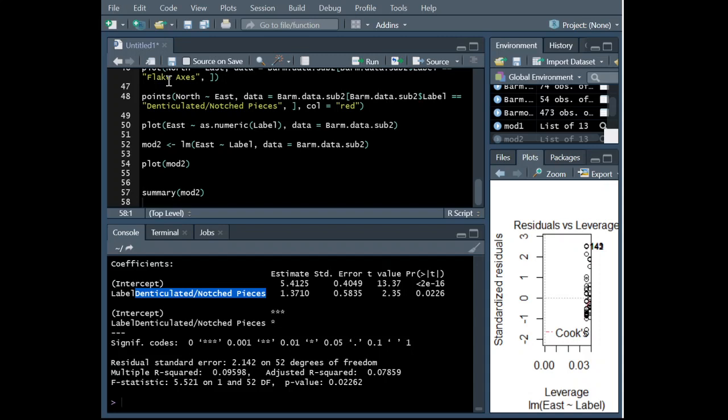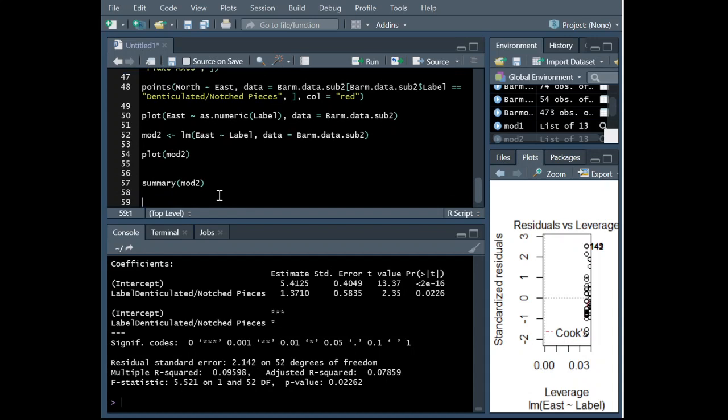So because we're looking at flake axes and DN pieces, the flake axes are being assigned to the intercept here. And we know, based on the equation of a linear model, thinking back to your grade school math classes, y equals mx plus b, or y equals beta 0, the intercept, plus beta 1, the slope, times your data x.